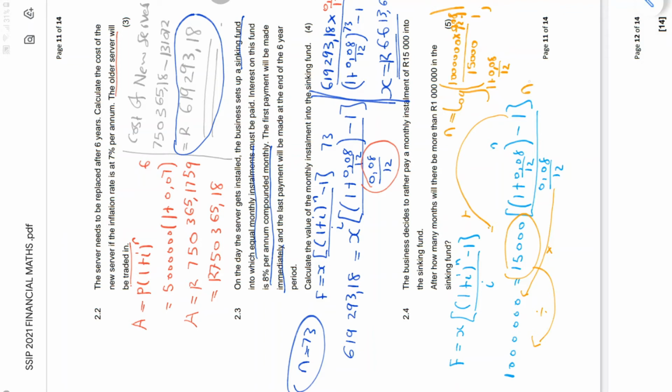And when you do that, you get your n as 55.3423758.